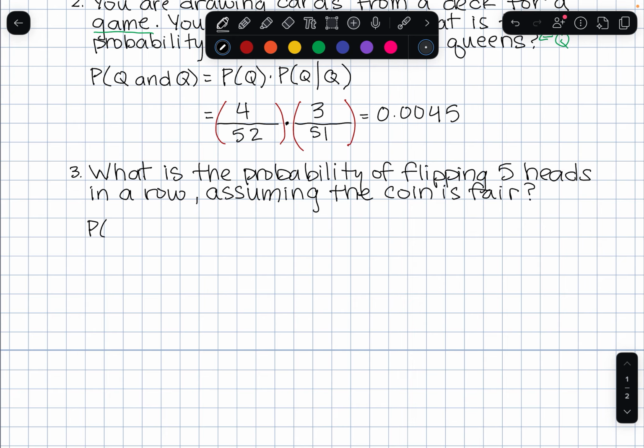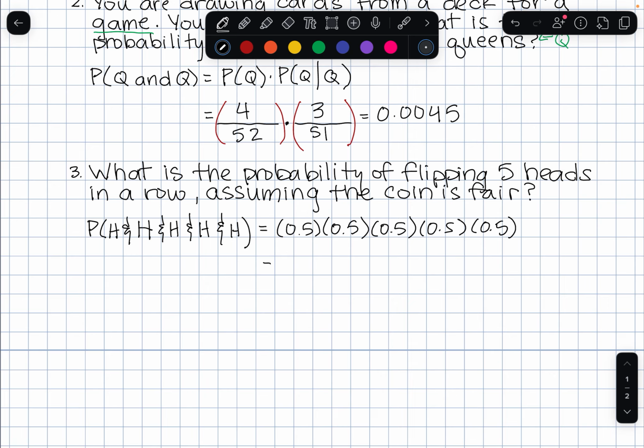So I want P(heads and heads and heads and heads and heads). I think there's 5 heads there. So we want 5 heads in a row. I know "and" means multiply. So I've got 0.5 times 0.5 times 0.5 times 0.5 times 0.5. And those probabilities don't change because each coin flip is independent.